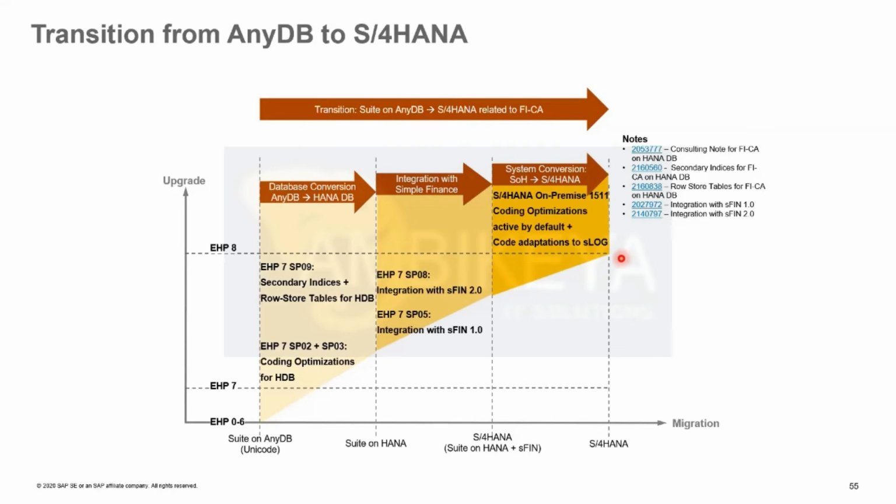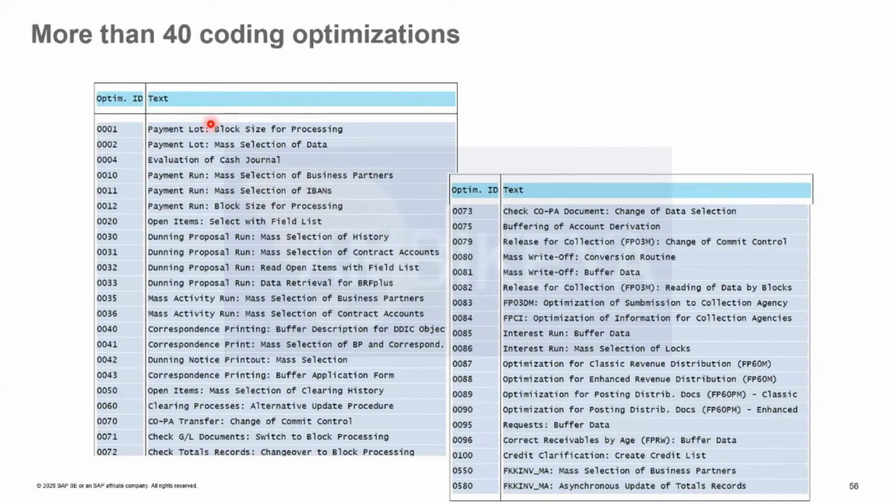On ECC, we offered several nodes which can be used as well, so you can make use of HANA there as well. In S/4HANA, all those optimizations are switched on by default. Just to give you an overview here, as you can see, we did a lot of improvements.